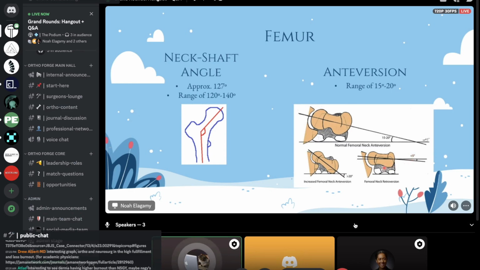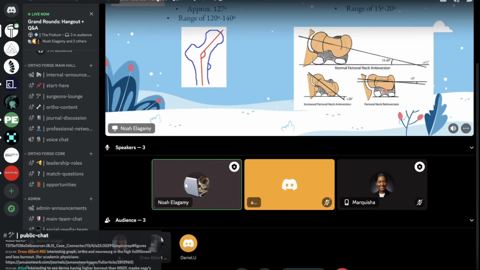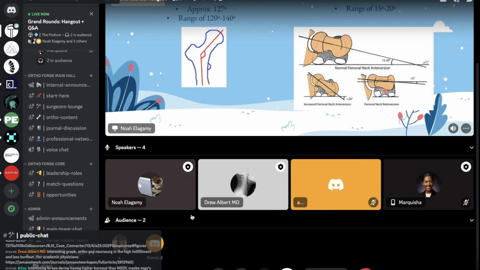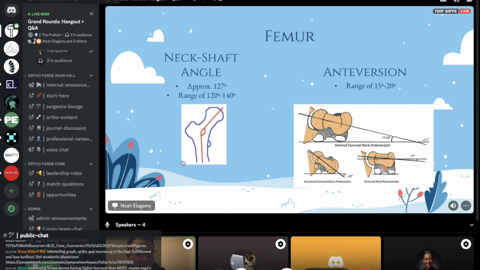I know this is a difficult concept. At least for me, it was difficult to conceptualize at first. The only thing to add is that this seems not useful, but it actually is. A lot of what you talk about in hip arthroplasty, even trauma, is acetabular version versus femoral version.